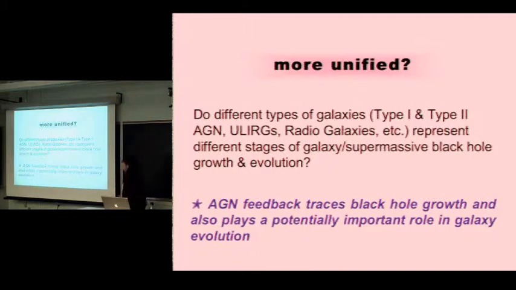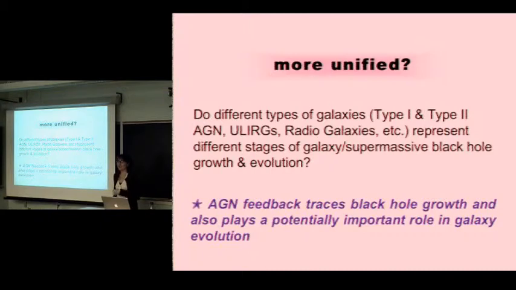So not just the structure in the central region, but maybe some of the things that are different between different populations of galaxies are also evolutionary effects, like this classic idea of disk galaxies merging together and making a big red elliptical or something like that. So in all of these cases, the different stages of the galaxy evolution are evident in the type of AGN that you observe.